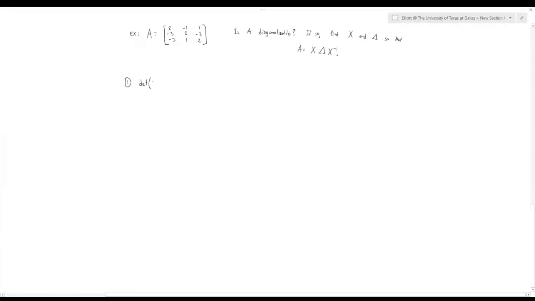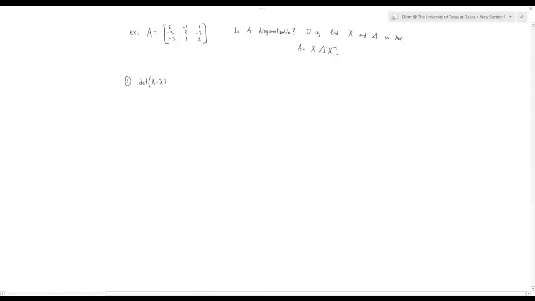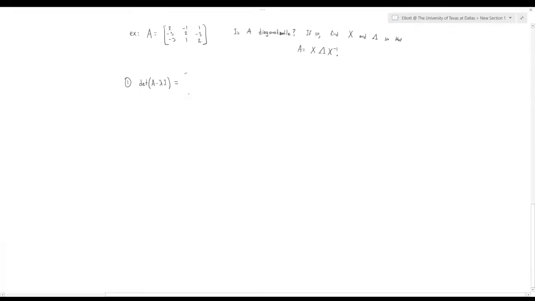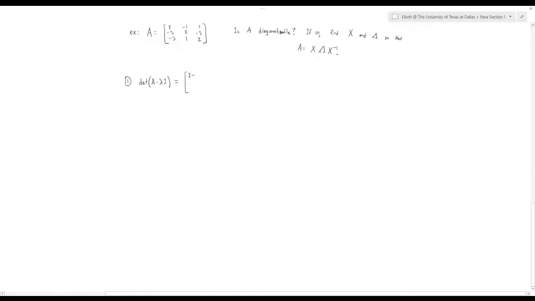We first want to compute the determinant of A minus lambda I. Okay, I guess I'll just set it up. But now that I'm looking at this matrix, I wonder.